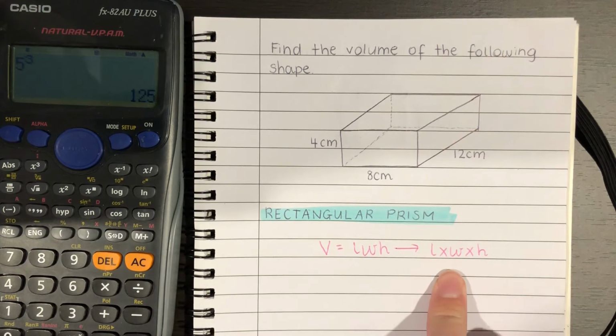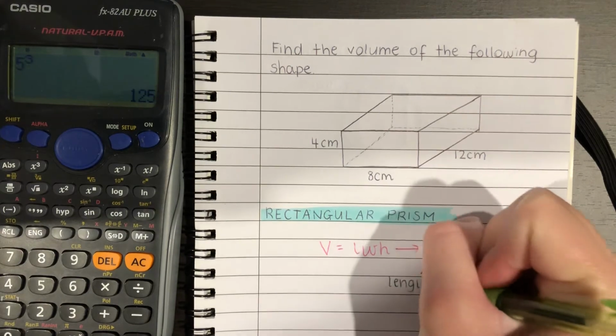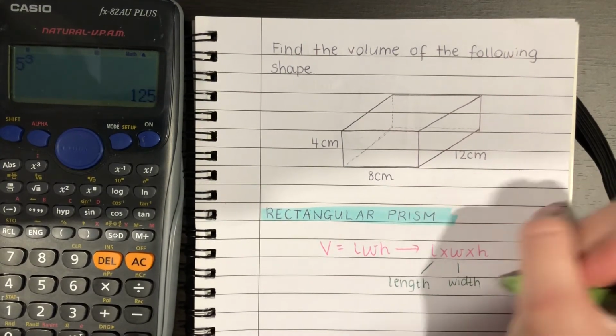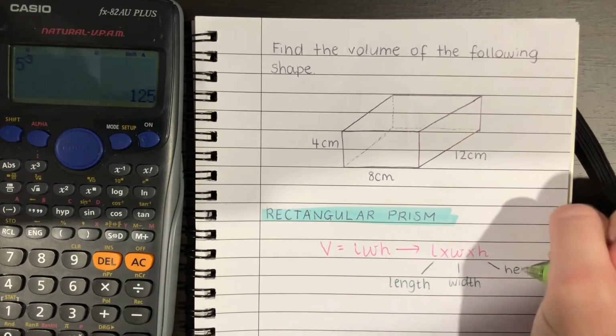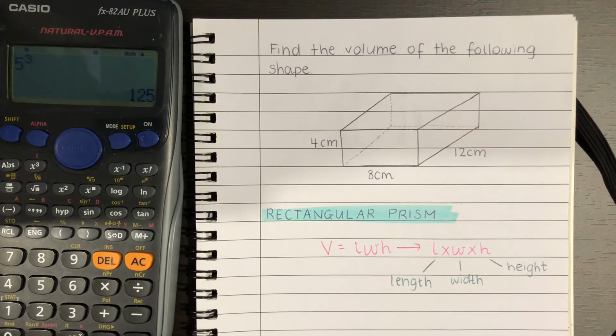And here, the L stands for length, the W stands for width, and the H stands for height. So I am going to go ahead and find out what my length, width, and height is in this example.